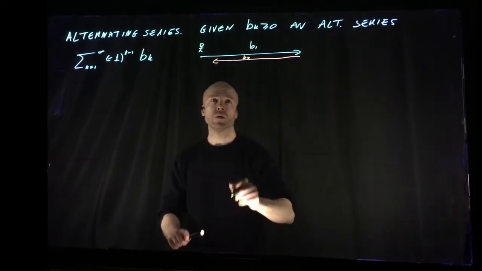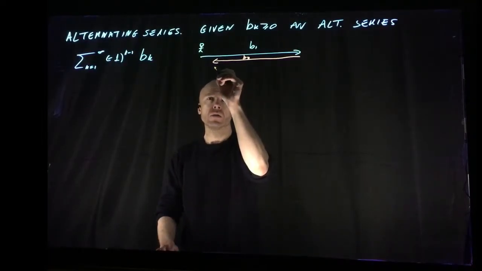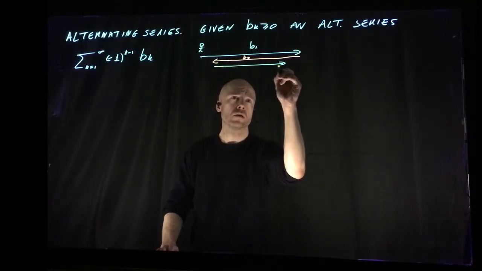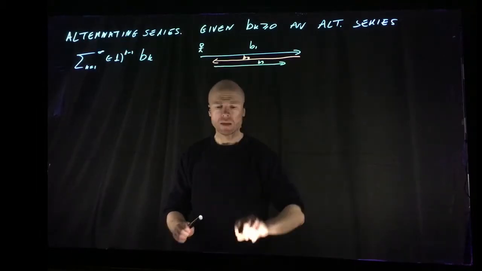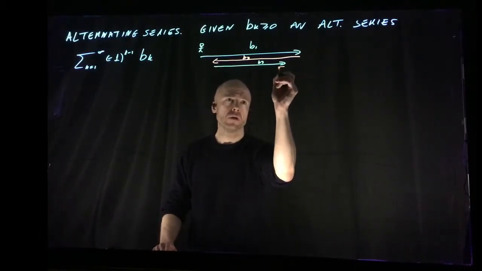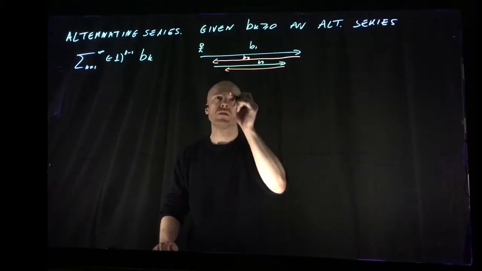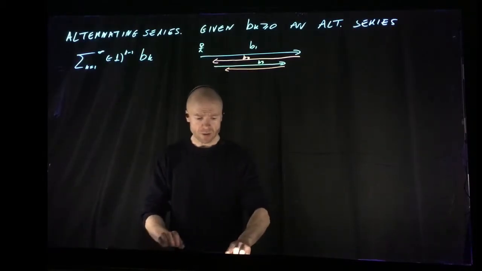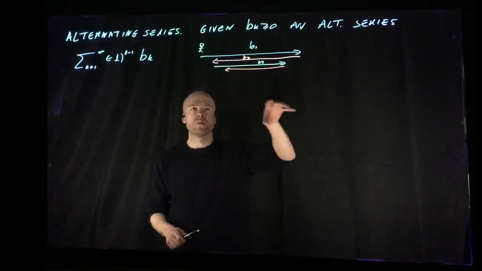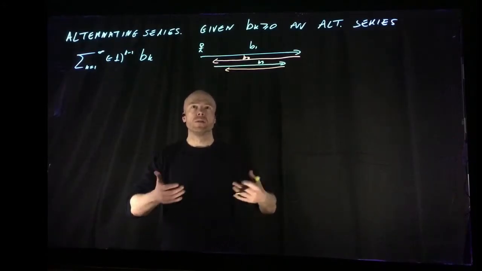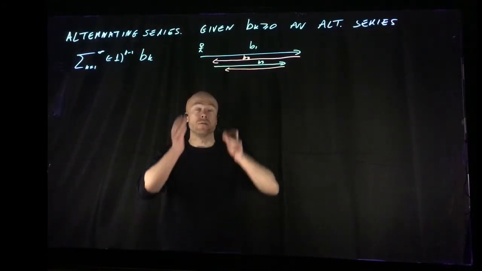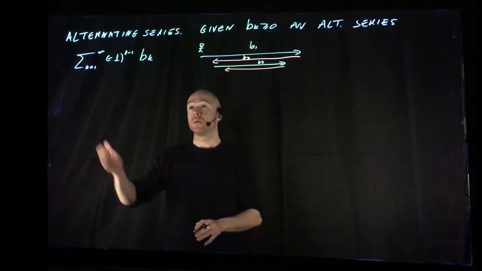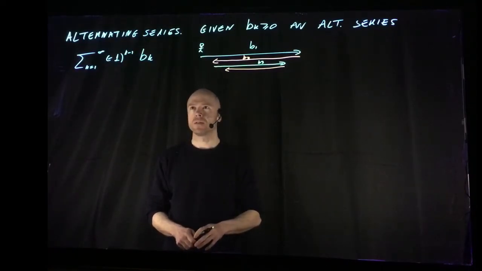And then we're going to go forward by b3. And then backwards by b4. And so on. So we are forever going to go forwards, backwards, forwards, backwards, and we want some notion of what happens after doing infinitely many steps like this.